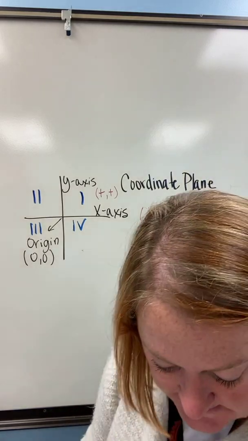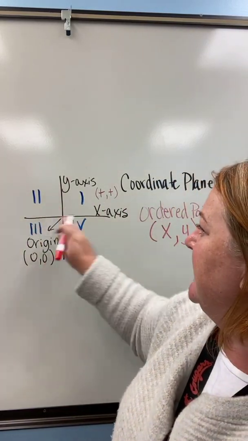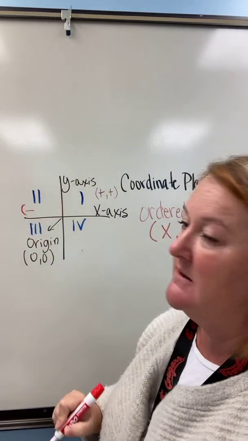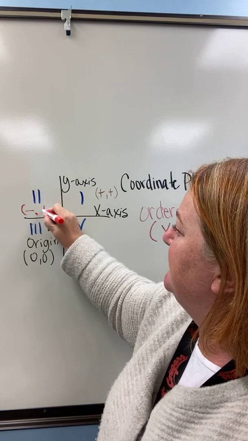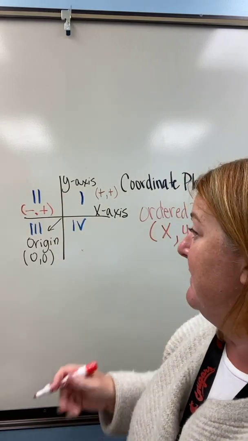So next we have, so if we go over in this plane, the x-axis is actually working into the negative, and then the y-axis is positive. So it's helpful to remember those.